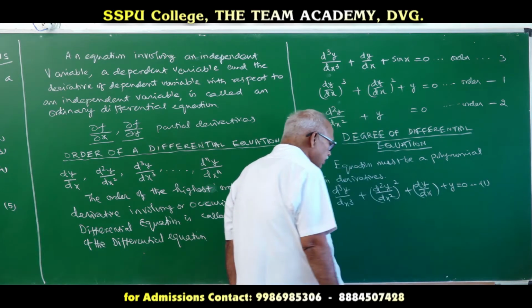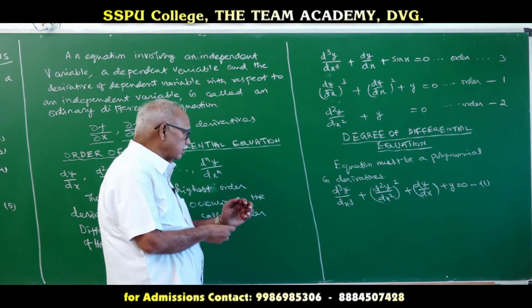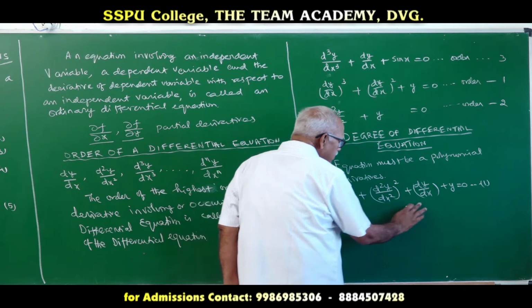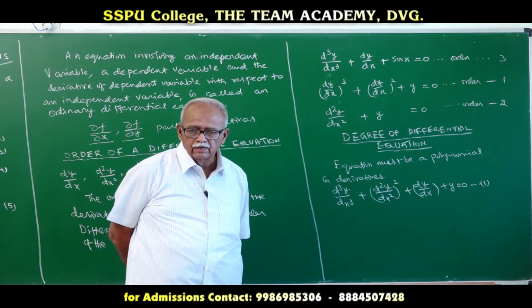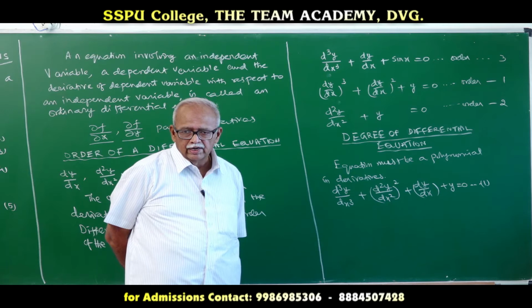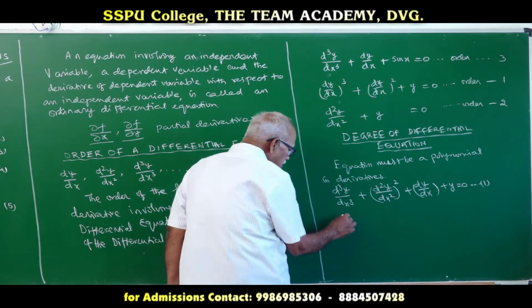So, the first equation I have written. We can see the differential equation is a polynomial in derivatives. You know the polynomial, that is a x power n, like that, where n is a natural number. So, you all know the polynomial definition.